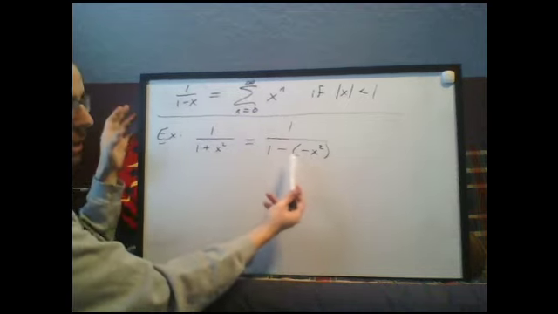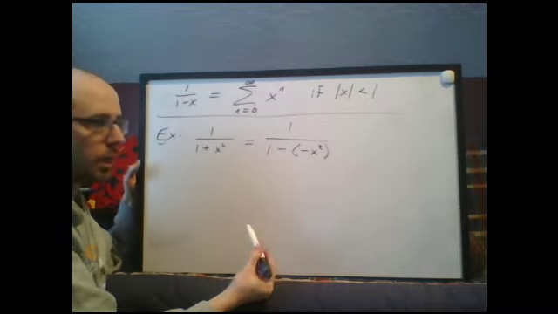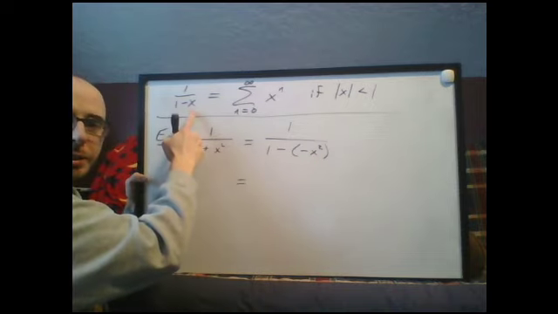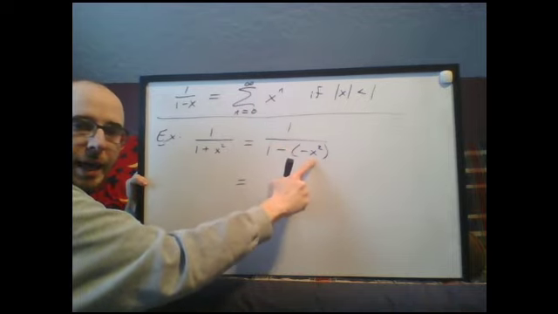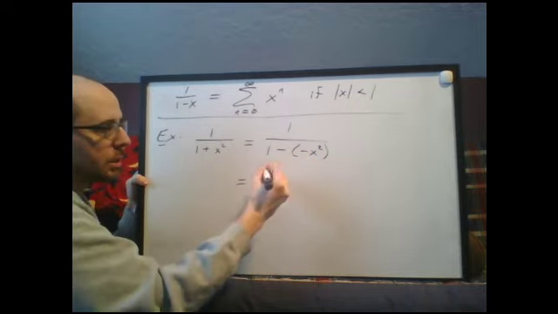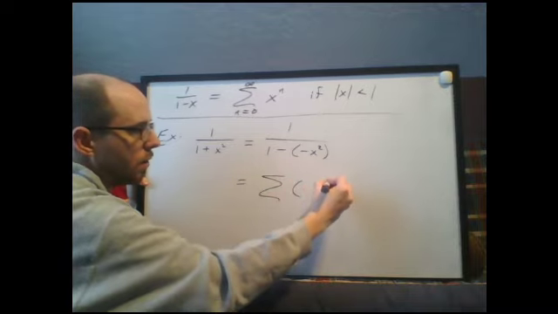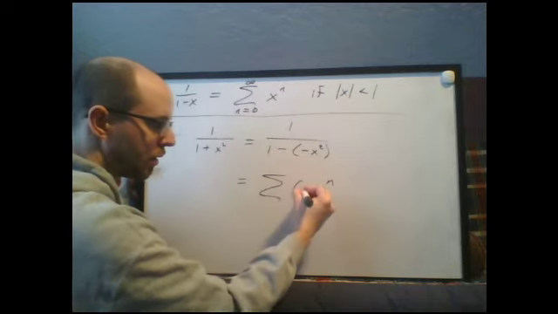So this thing is this function with this expression plugged in. So what I can do is I can use the power series representation for this function, but plugging negative x squared in place of x. So all I'm doing then is taking the summation of, in this x here, I'm going to replace with minus x squared.